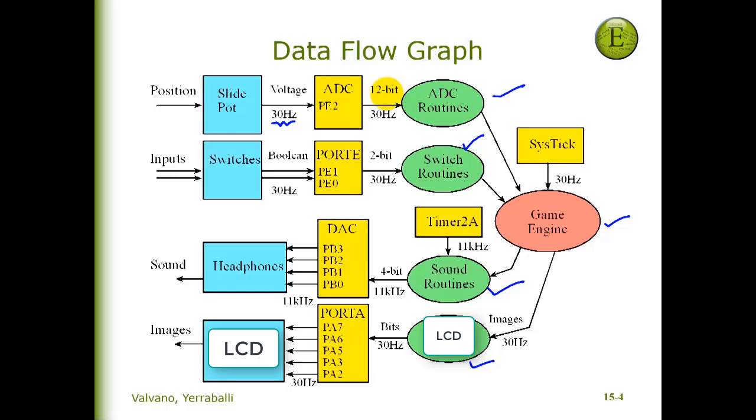Okay. But in a data flow graph, what do the arrows mean this time? So the arrows in the data flow graph are the passage of information or data. So in our case, the position, which is a resistance, if you will, is going to be converted to a voltage, which is moving from the slide pot to the ADC, which is 0 to 3 volts, which is moving from the ADC to the driver, which is then moving from the driver to the game engine.